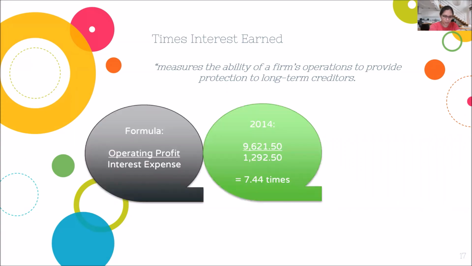Okay. The formula for times interest earned, I gave it to you last time, is the earnings before interest and taxes, or operating profit. We have gross margin, less cost of goods sold, less expenses. Those are the operating margin. Okay, so in 2014, it's 7.44 times, and in 2013, it's 5.18 times.